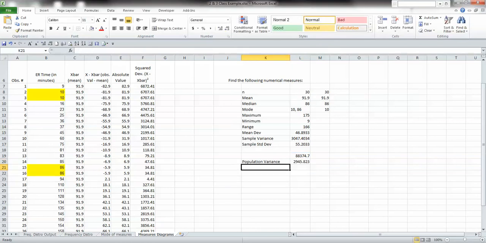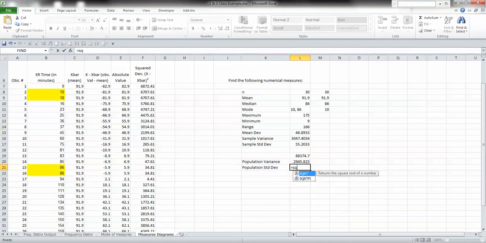And then the population, if this were population data, which it's not, our population standard deviation is the same thing. It's still the square root of our variance. And you can see that the numbers are a little bit different for the population as what they are for the sample variance and sample standard deviation.